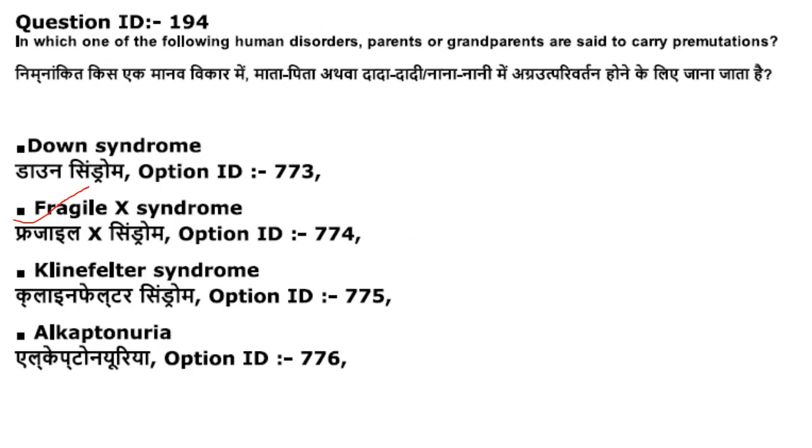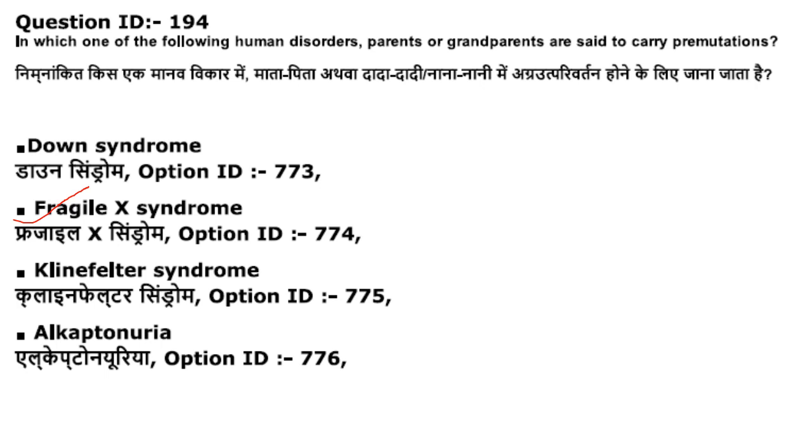Then next one. In which one of the following human disorders are parents or grandparents said to carry pre-mutations? Down syndrome is trisomy of the 21st chromosome, so that is not the answer. Klinefelter syndrome is also a chromosomal abnormality.